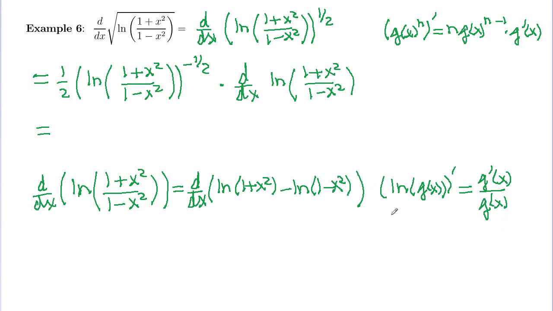And now we'll go ahead and use this derivative of a log of a function, g prime over g, because now our inside function is easier to deal with. So inside function on the bottom, 1 plus x squared, and its derivative is 2x. So g prime over g for this function g of x.